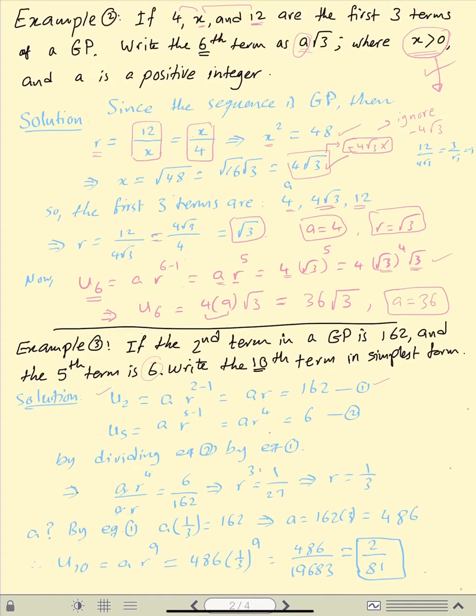Why? Look what will happen. If we divide equation 2 by equation 1, ar to the power of 4 over ar, a will be gone, cancelling each other. r to the power of 4 over r is r cubed. By simplifying, this is 1 over 27.